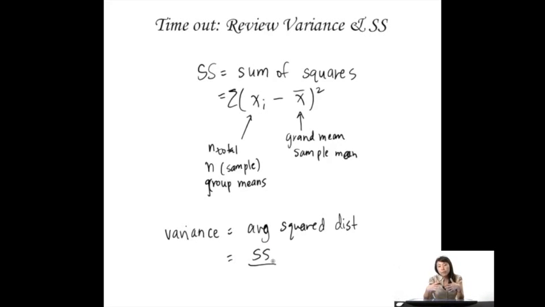But often, remember, we're using estimates of S instead of actually having the population standard deviation. So we're going to be using degrees of freedom instead of just N. And we're going to have different kinds of degrees of freedom for between and within group variation. So watch out for that.